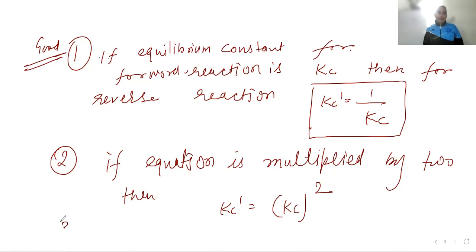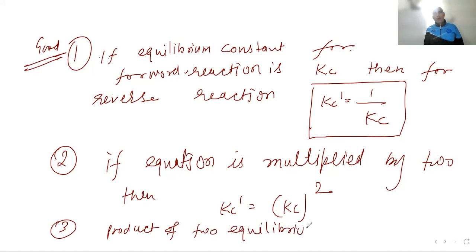Point number 3. If they are saying product of two equilibria, then Kc dash is equal to K1 into K2. Right? This is the third one.